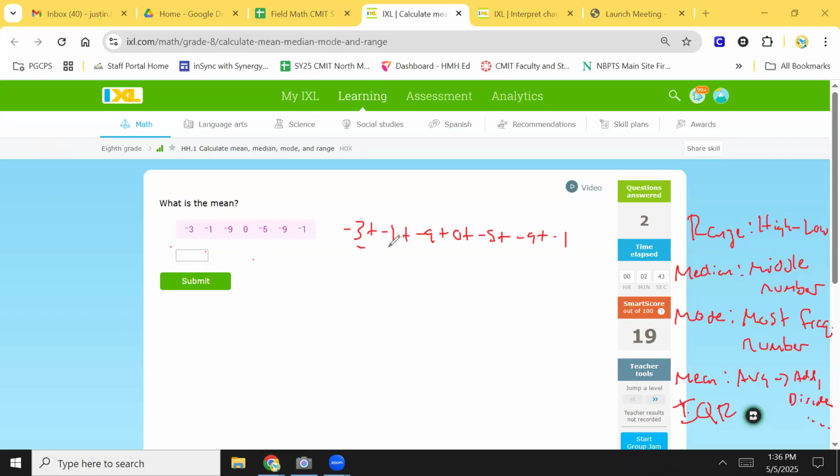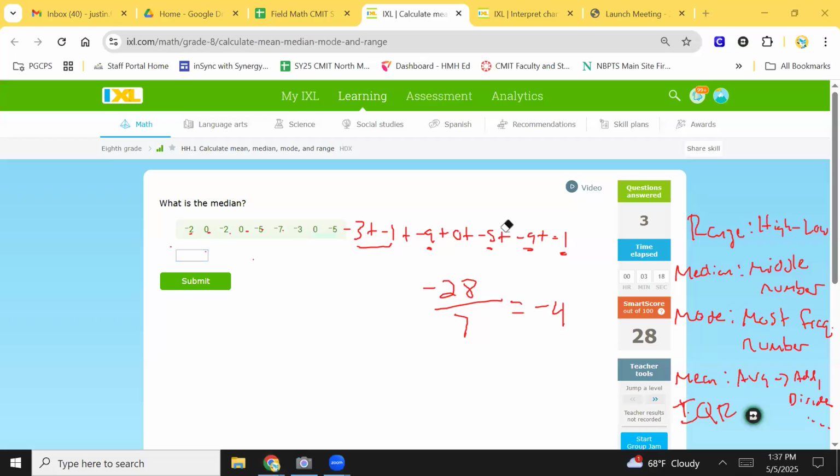So this is 4, 13, 18, 27, 28. So -28 over, and then how many are there? 1, 2, 3, 4, 5, 6, 7. So there are 7 numbers. So -28 divided by 7 is -4. So the mean, the average number in this set, is -4. If I did it right, I did.